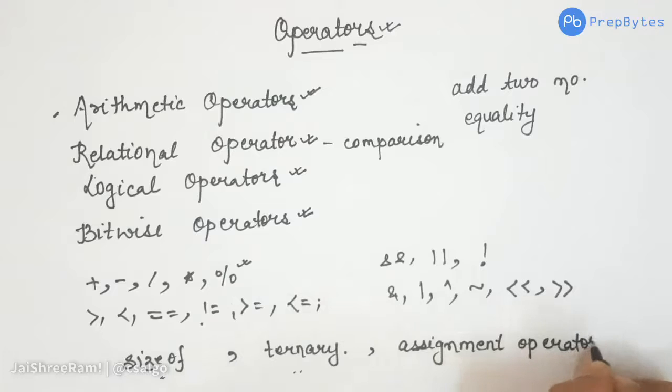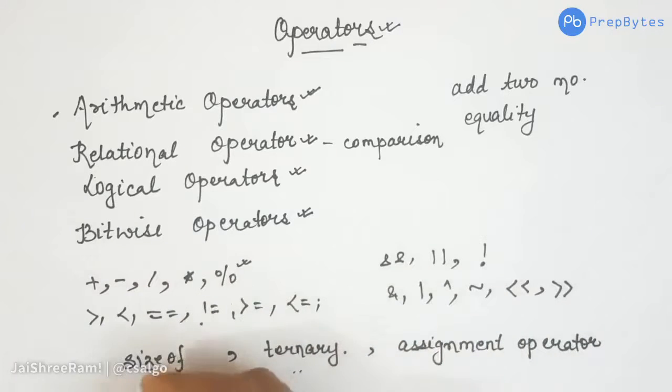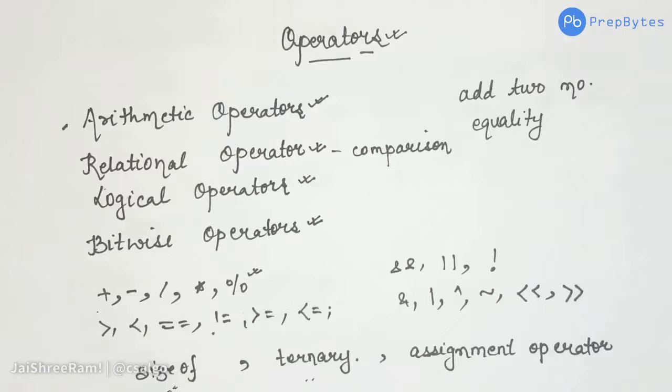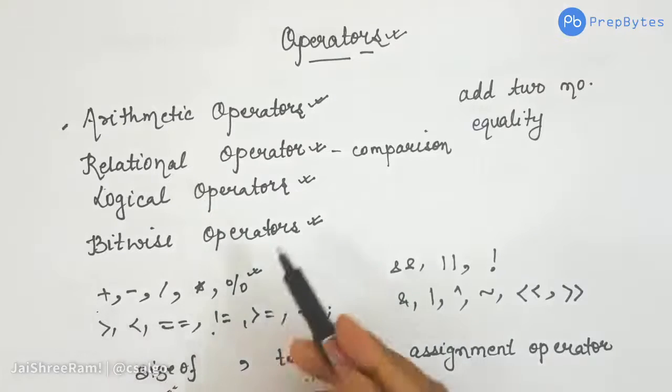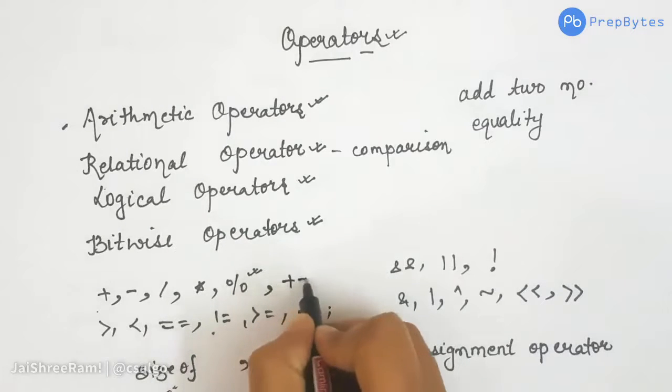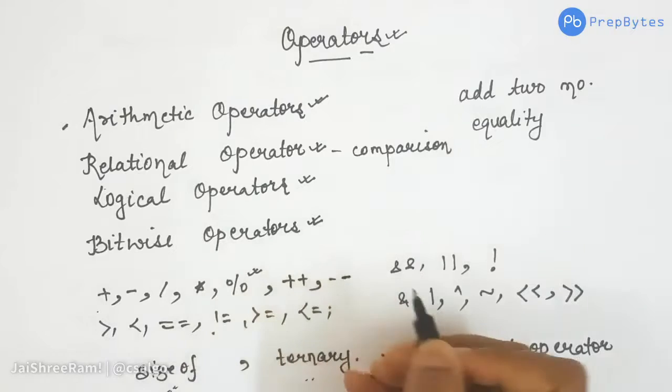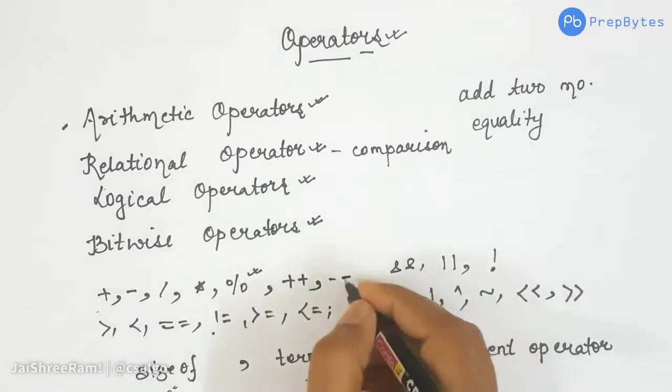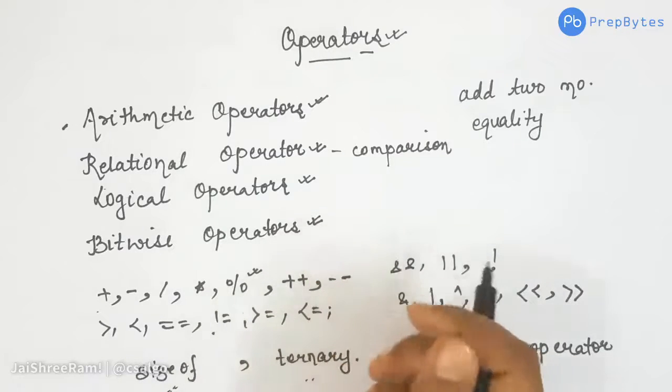So after we have discussed each of these operators, we will talk about sizeof, ternary and assignment operators. Let's go on to talk about each of the arithmetic operators now. Coming back to arithmetic operators, apart from these operators, we also have increment and decrement operators. We will talk about these as well.